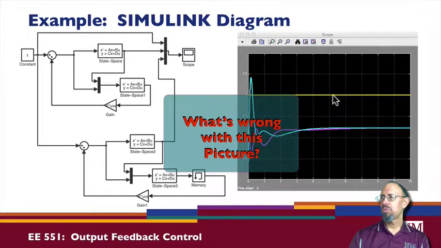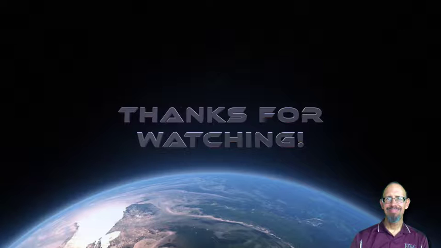Now we could modify this if we wanted to, but I'm going to save this problem for another lecture, because we will talk about how to incorporate observers in order to be able to track signals. But that's for another lecture. So stay tuned for that.